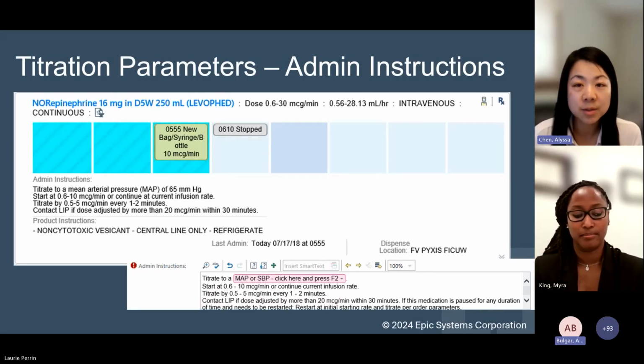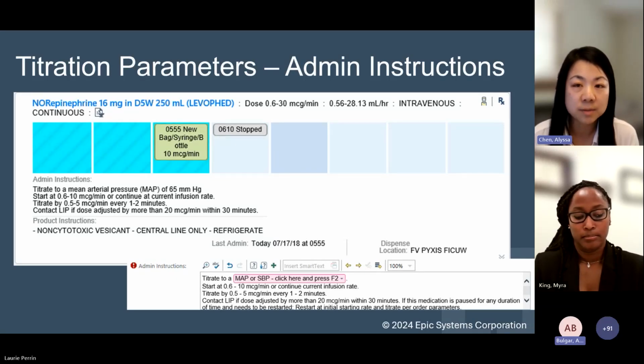So on this slide, you can see the changes that we made as a result of those missing elements that Alina just discussed that were identified back in 2015, 2016. And you can see that we now have a starting dose or range, that 0.6 to 10 mics per minute.